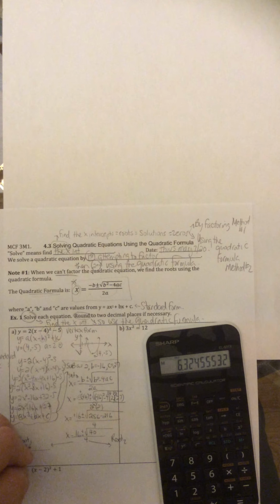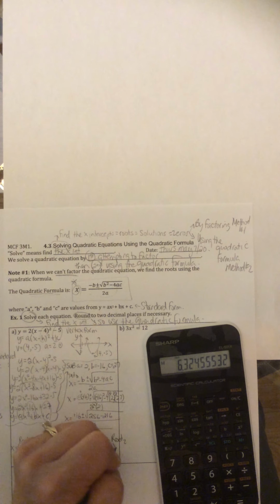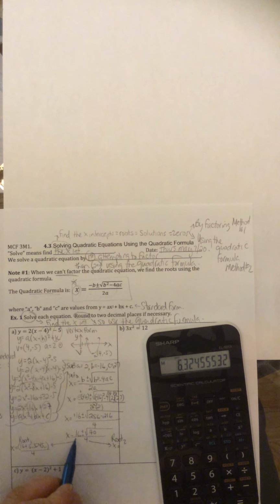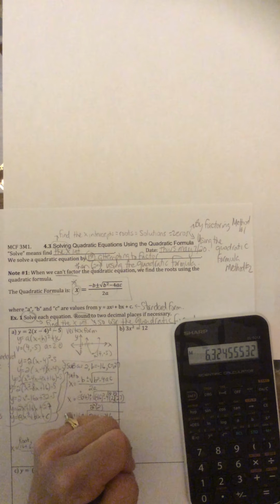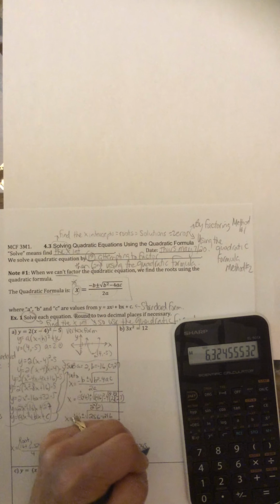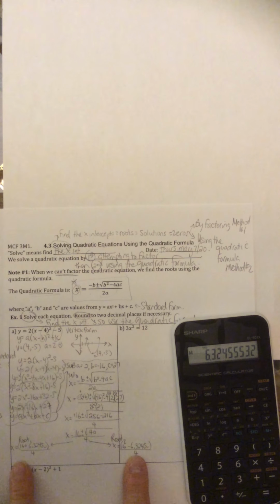Put brackets around the top numerator because we're going to figure out what that is before we divide by 4. This one over here is x equals 16 minus the square root of 40, which is 6.3245, blah, blah, blah, all divided by 4. We're going to put brackets around that. So I have two roots like I had up here.